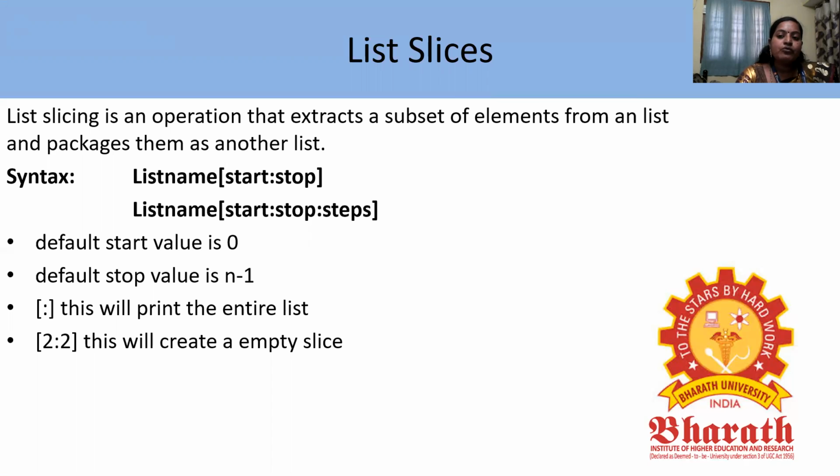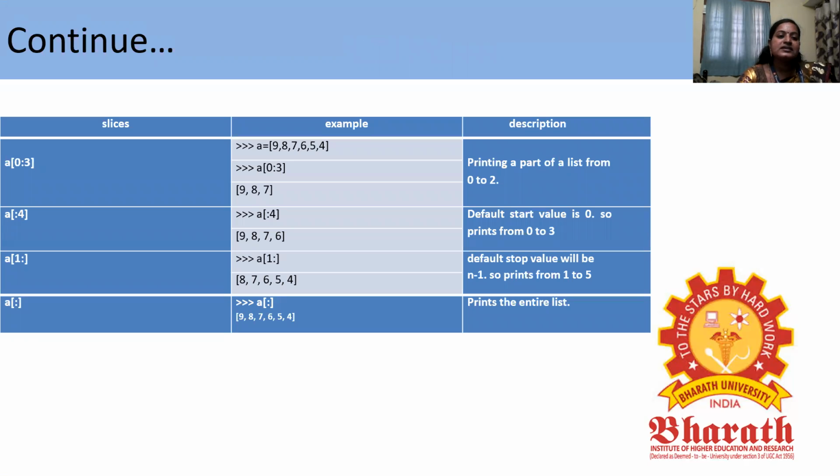And if I give only colon, without any start and stop value, this will print the entire list, from starting to ending, automatically. And within square brackets, if I give the same starting value and ending value, you will get the empty list. So this is an example for list slicing.